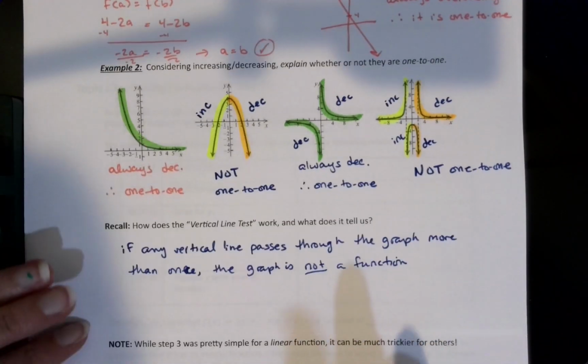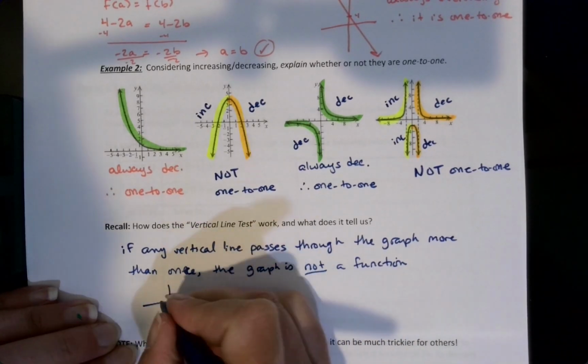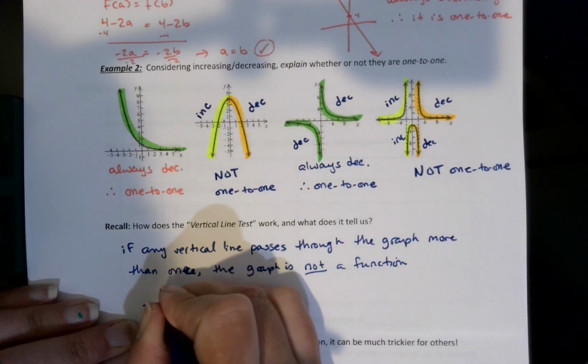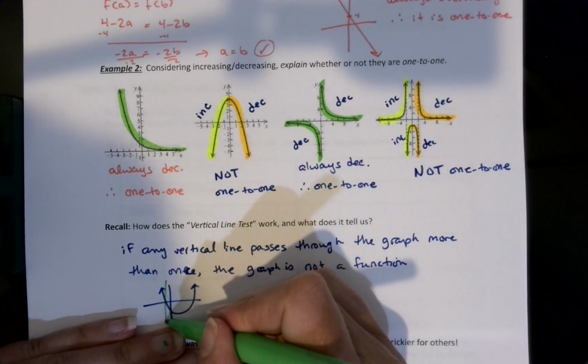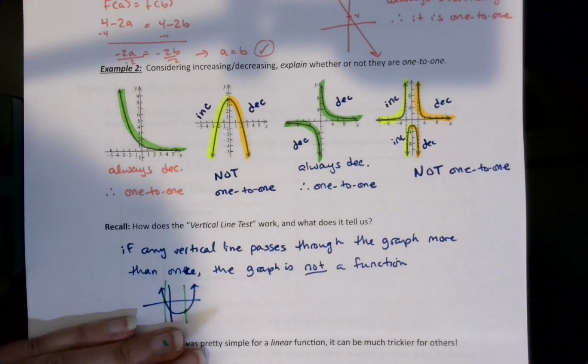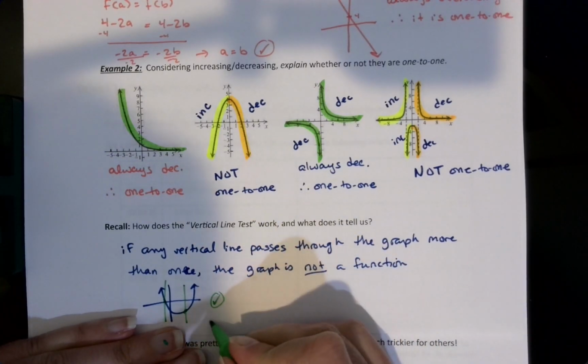So for example, if we draw a graph like this, and we examine and note that any vertical line is going to cross just one time, this one is a function.